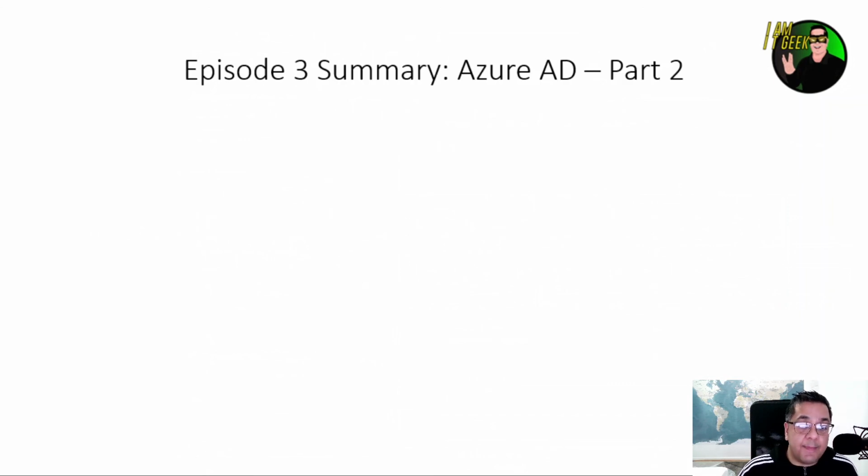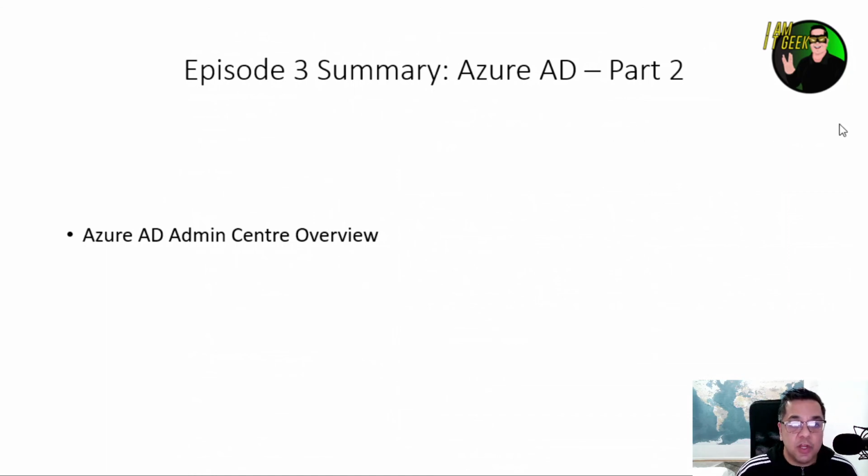So that's episode 3 complete, which was part 2 of the Azure AD topic. This video was obviously quite a lot longer than my previous videos, just because there was quite a heavy demo element to it, as I wanted to jump into the admin center and give an overview of some of the features. We looked at custom domains, users and groups, role-based access control, external identities, and enterprise applications.